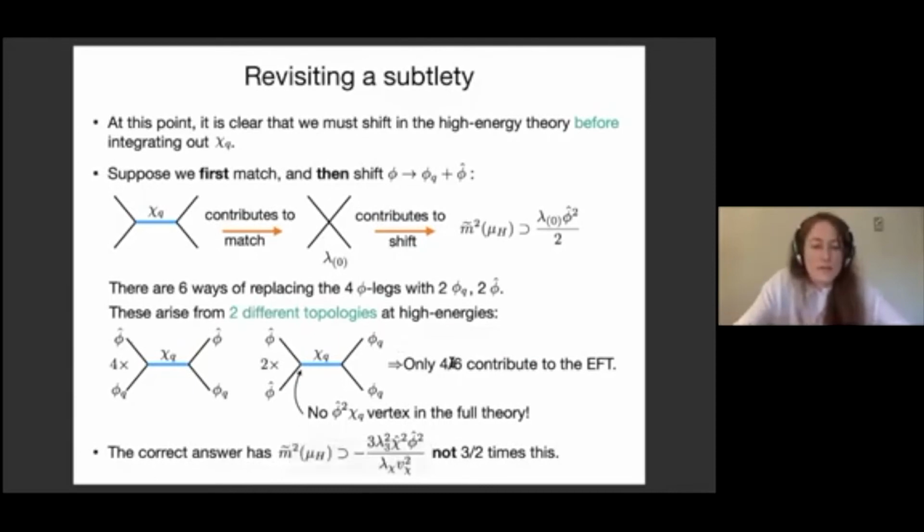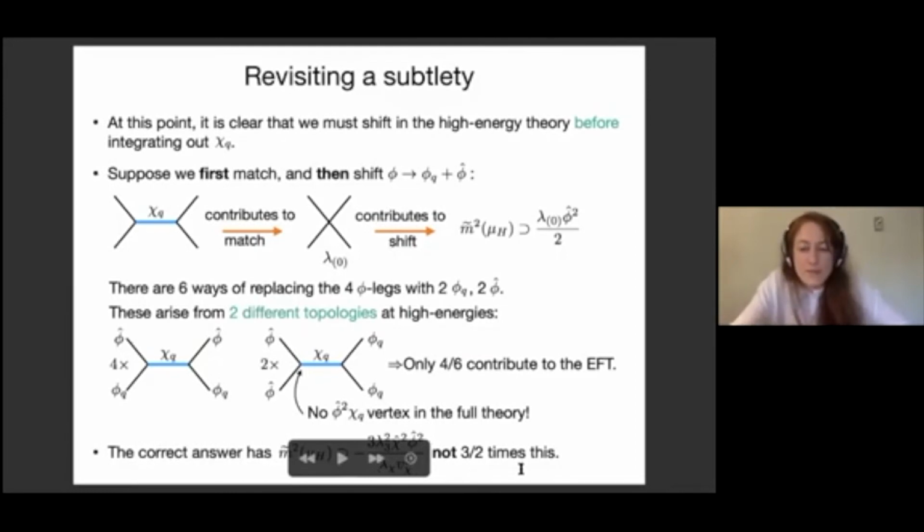And so when we do the process correctly, we get some answer where this diagram contributes, in the matching, to the quadratic term in the EFT, and gives this particular term with some particular coefficient. And the important point is that if we hadn't done that, if we'd flipped this procedure, we would have gotten 3 halves times this coefficient. And this would have changed our answers for the effective potential.